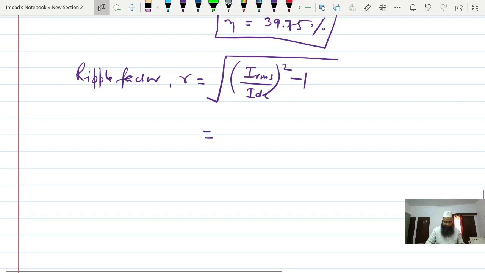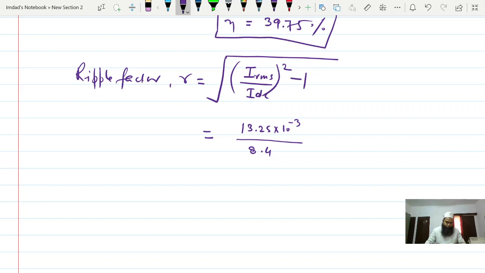You can put the value of I RMS and I DC. I RMS equal to 13.25 into 10 to the power minus 3 upon 8.44 into 10 to the power minus 3, whole square minus 1, under root.